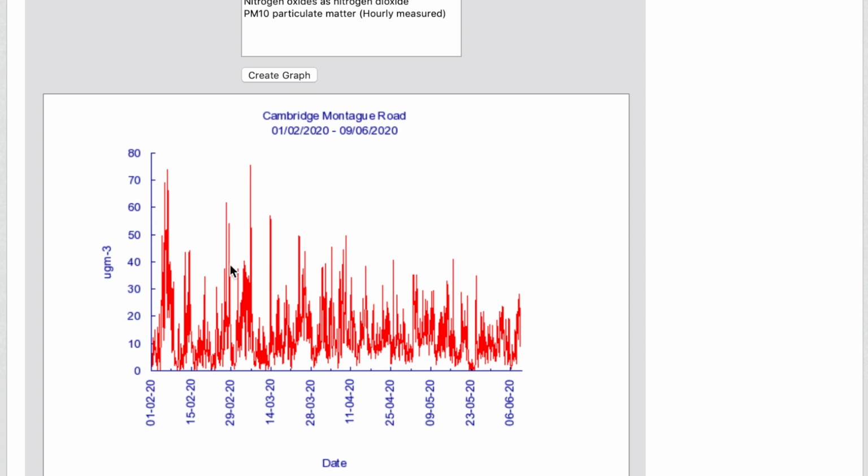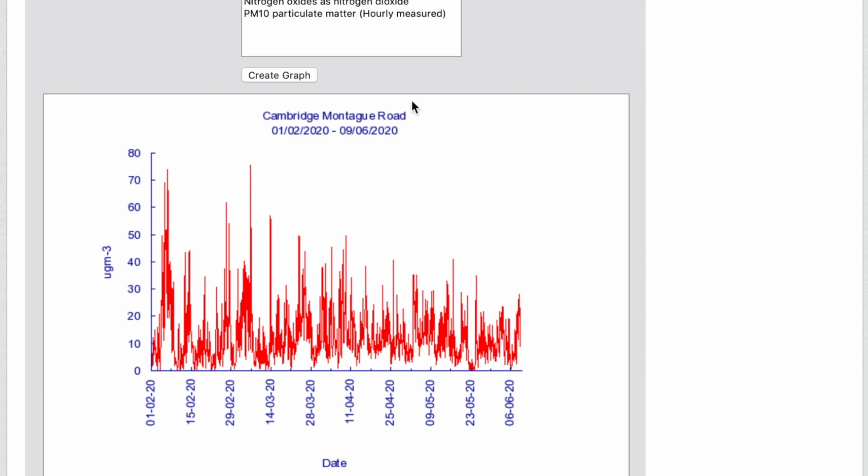So we have to be a little bit careful, because actually sometimes in the winter compared to the summer, there are different amounts of nitrogen dioxide anyway in the air. So just looking at this data, although it seems as though there were higher levels in February than there are now, we can't be absolutely certain that there's a big difference compared to this time last year. So we'll come back and have a look at that in a minute.